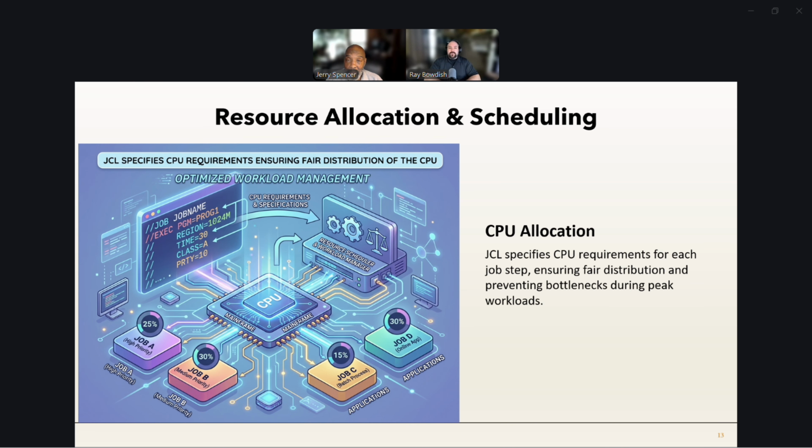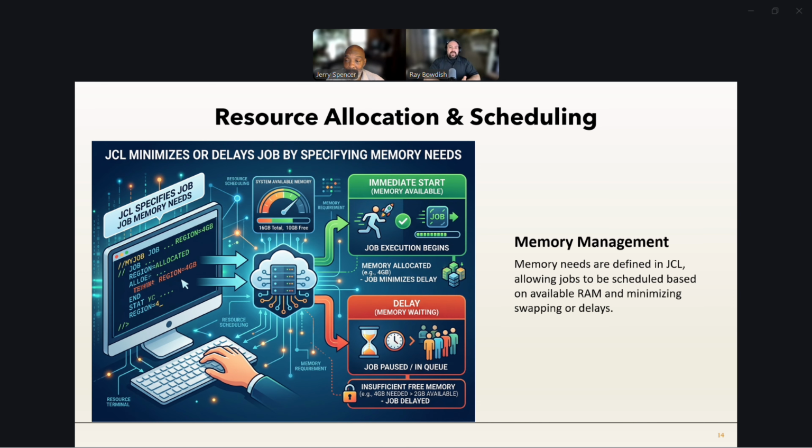Another thing too is memory management. The mainframe is just a giant server. It might have 2 terabytes of memory, whereas your computer has maybe 32 gigabytes of memory. And so that's a lot of stuff that has to be taken care of. The different subsystems take up memory, the different jobs that are running take up memory.